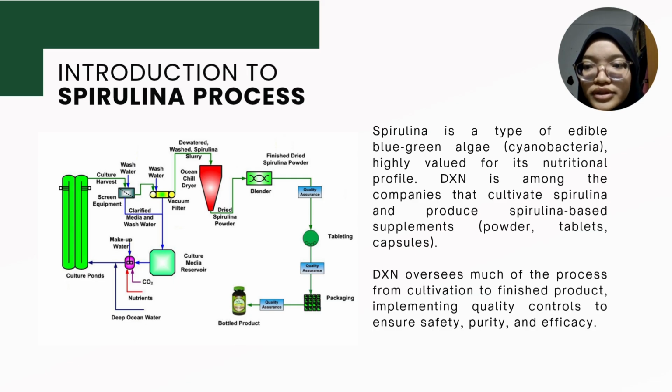During cultivation, spirulina is grown in specially designed ponds and photobioreactors under specific conditions such as adequate sunlight, temperature, pH level, and nutrient balance.